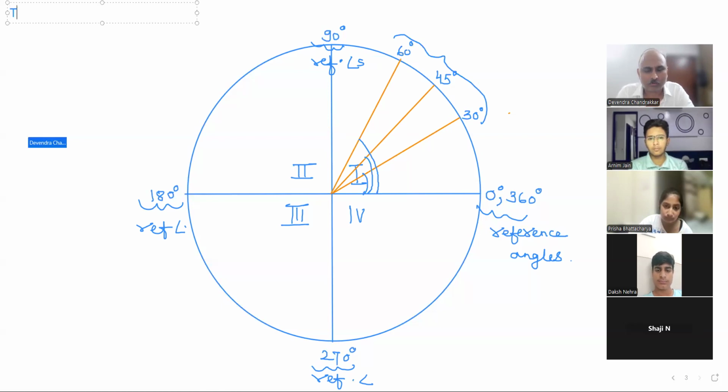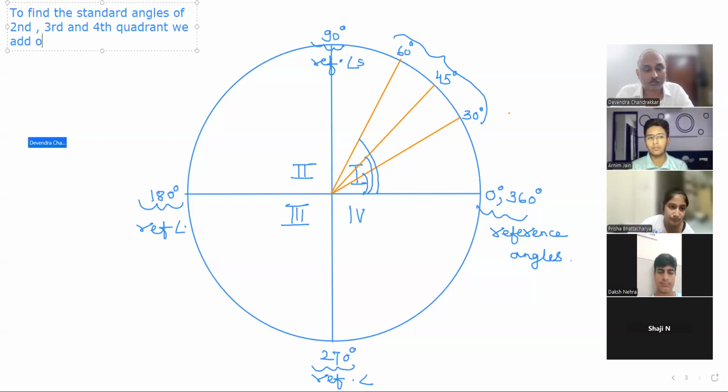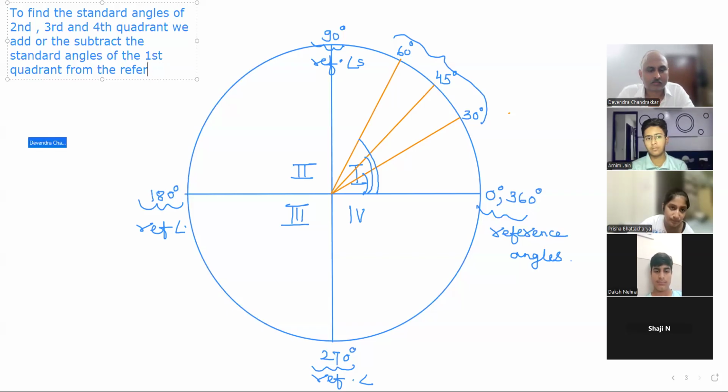How to get the standard angles of other quadrants? It's very simple. To find the standard angles of the second, third, and fourth quadrants, we add or subtract the standard angles of the first quadrant from the reference angles of the respective quadrants.